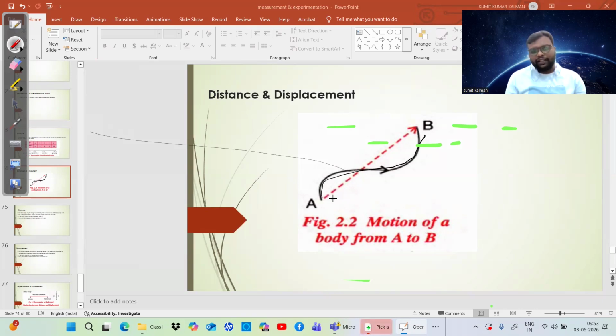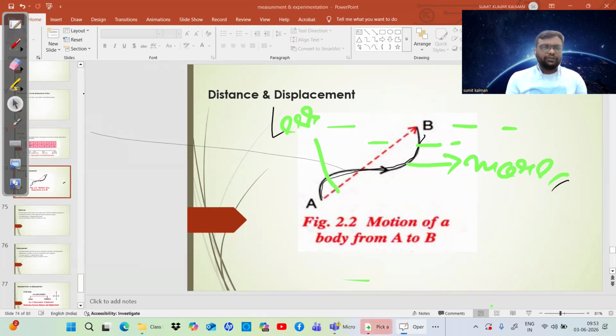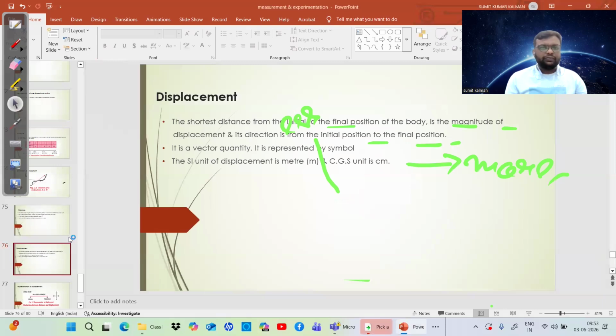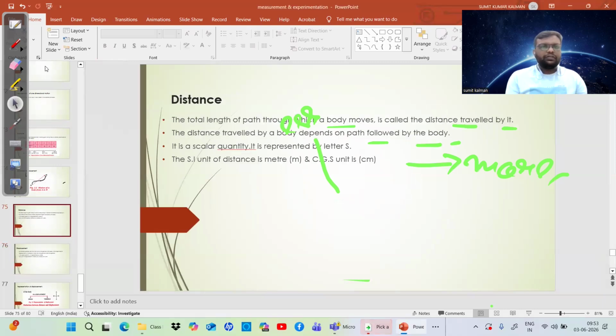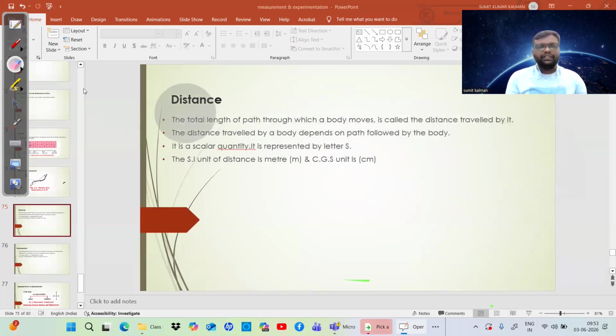The distance along the dotted path is less, and the distance along the curved path is more. So students, your distance will depend on the path also. For different paths, your distance traveled will be different.